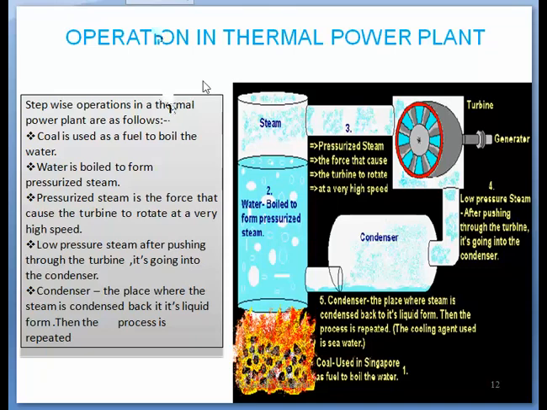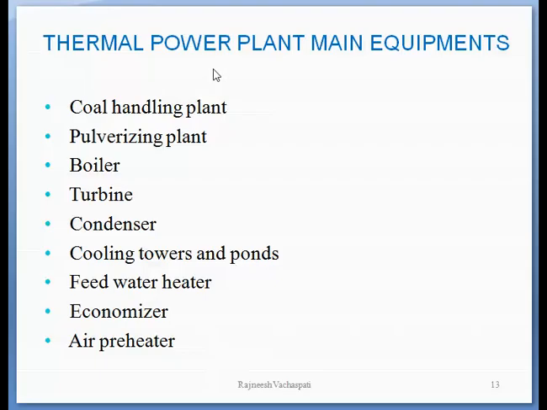Now we will see the main equipments that are used in a thermal power plant for the power generation, starting from the coal handling plant, then coal pulverizing unit, then boiler, then turbine, condenser, then cooling towers and ponds, feed water heaters, economizers, and air preheaters.